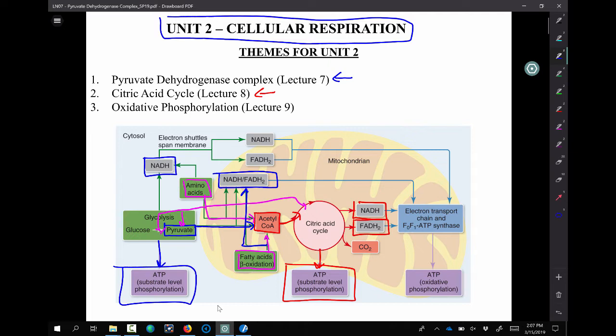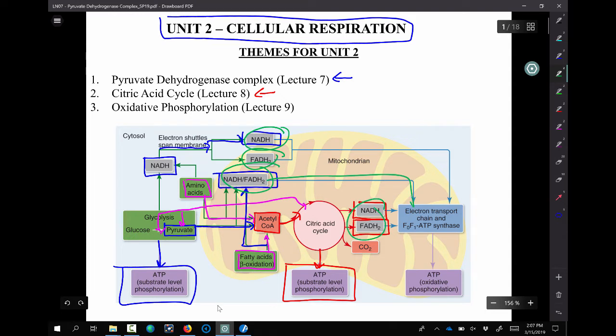And we, of course, talked already about the shuttles that get those molecules, in particular NADH, into the mitochondria. The last thing that we're going to look at in cellular respiration would be taking all the electrons here, here, here, and here, and shuttling those into what's called the electron transport chain.